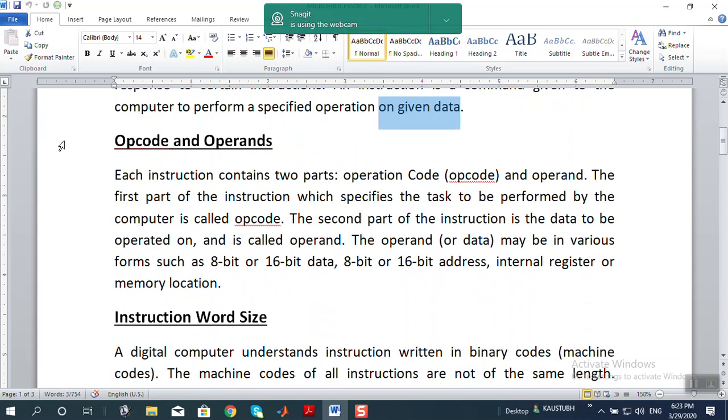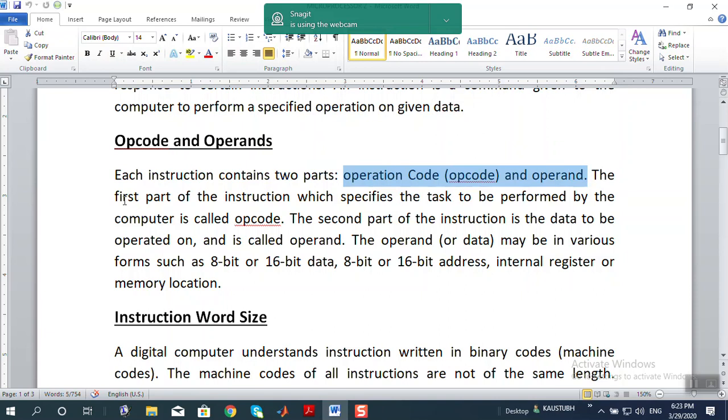Therefore we need to understand two things, opcode and operands. So what is the opcode? Opcode is the instruction code or simply the instruction, and operand is the data on which the instruction or command is to be operated. As you understand, each instruction contains two parts, opcode and operand together.